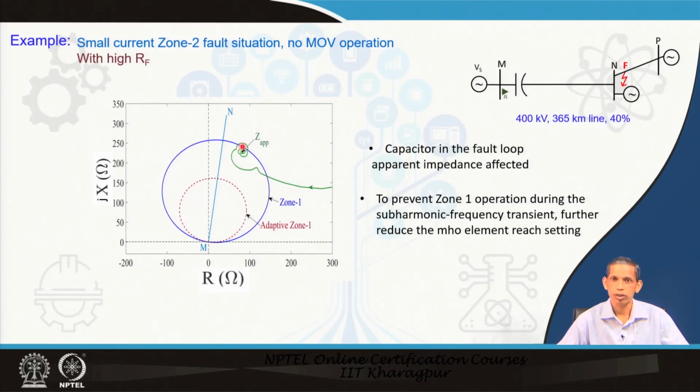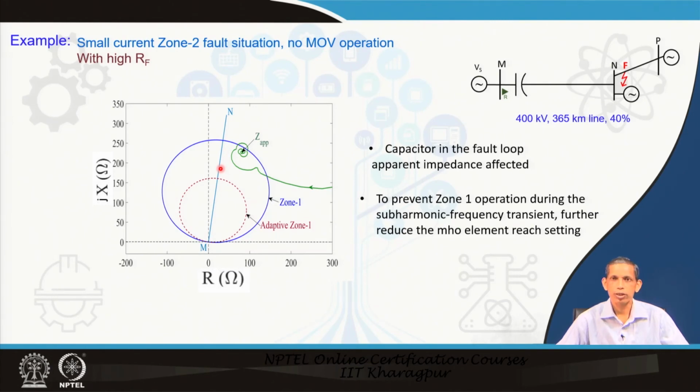So not in zone 1, but if you do not consider the adaptive setting, it enters into zone 1 and creates a problem, even though the fault is beyond the line. However, if you do the adaptive setting, then the advantage can be availed, and this adaptive approach is the current control approach, based on the current through the relay, as you have discussed in earlier slides.